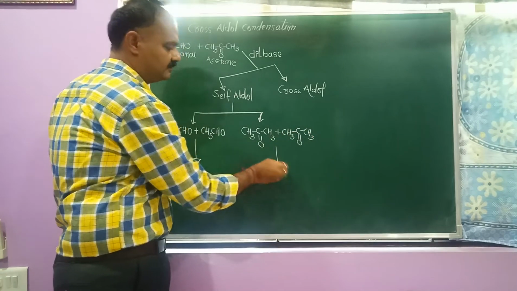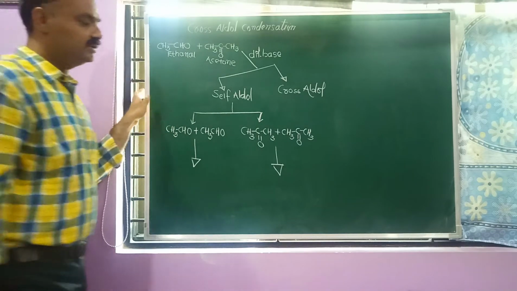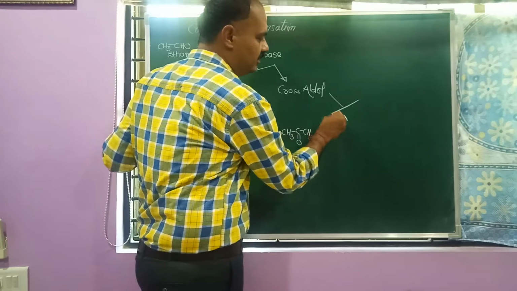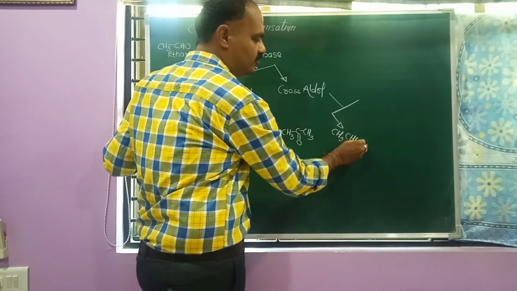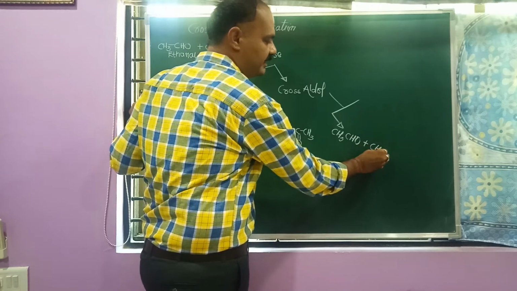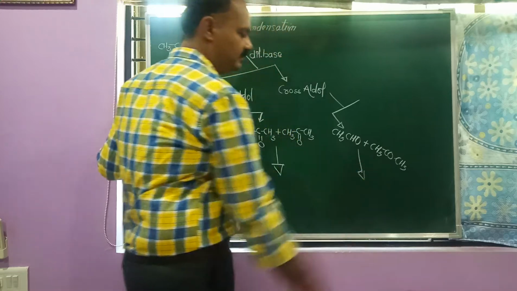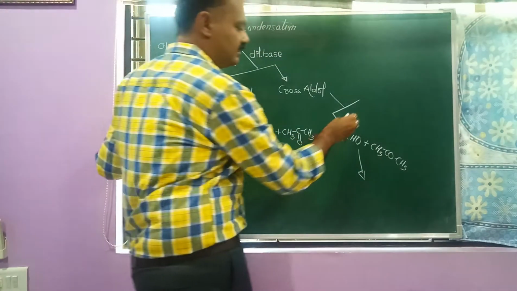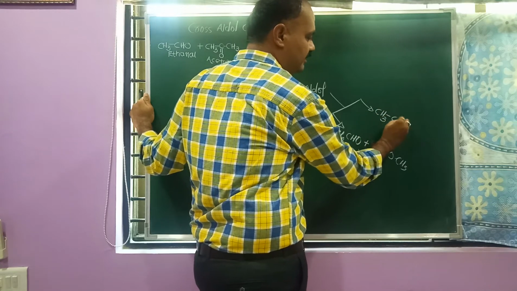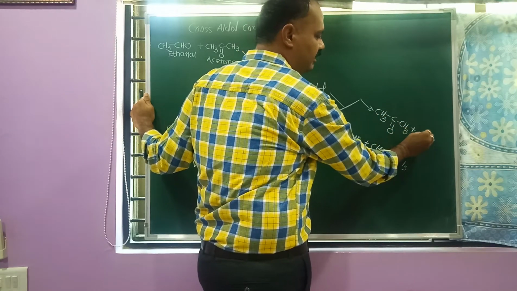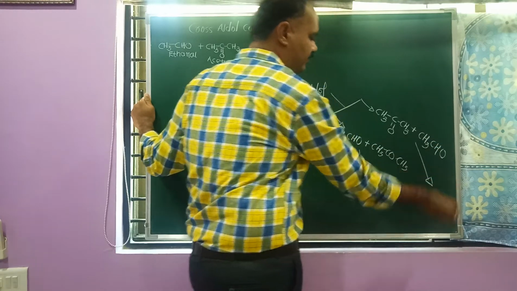Some product should be there, that we will write in our chemical reaction. This is self aldol. In cross aldol condensation, CH3CHO ethanal will react with acetone. One product should be there, and in reverse, CH3COCH3 acetone will react with ethanal. So another product should be there.